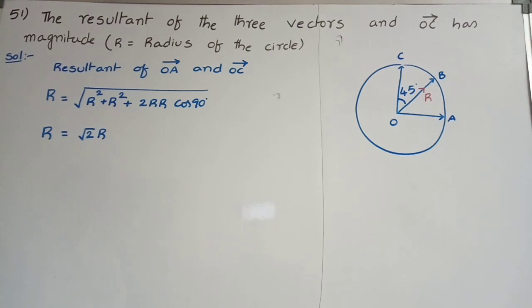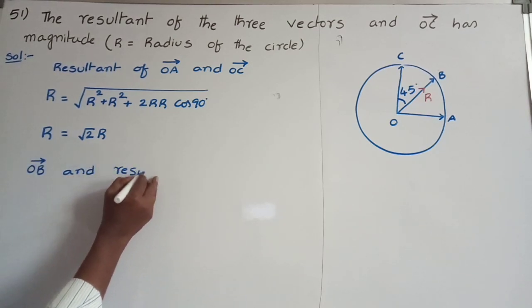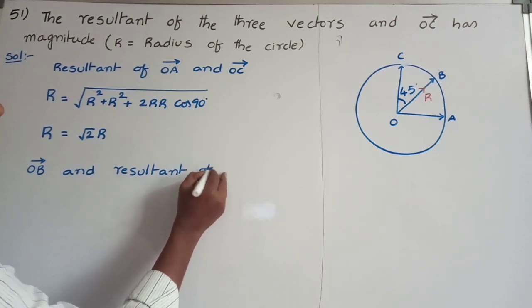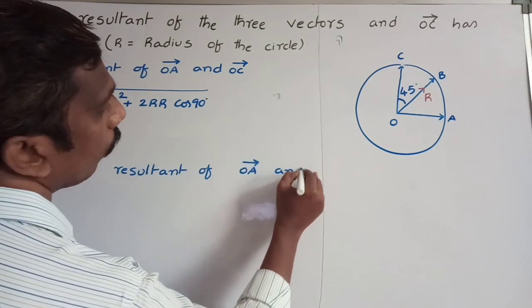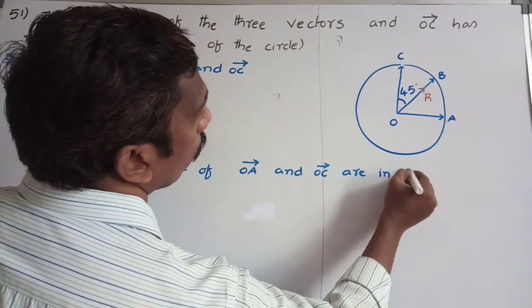Then OB bar and the resultant of OA and OC are in the same direction.